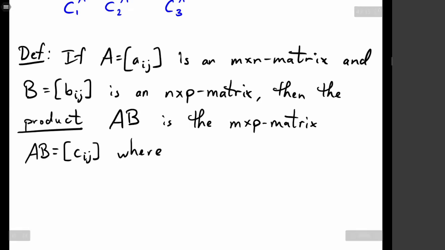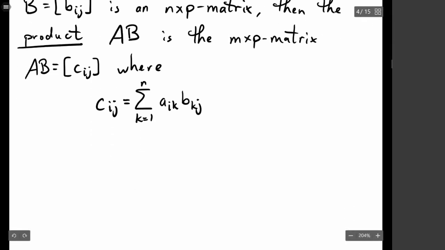we need to figure out how to define C_ij. C_ij, formally speaking, is the sum from k equals 1 to n of A_ik B_kj.